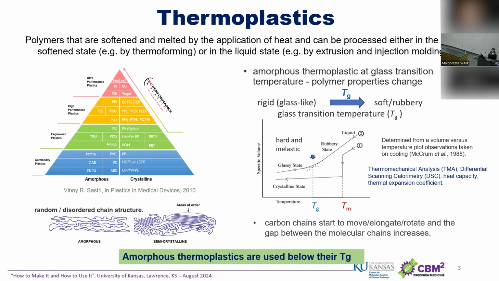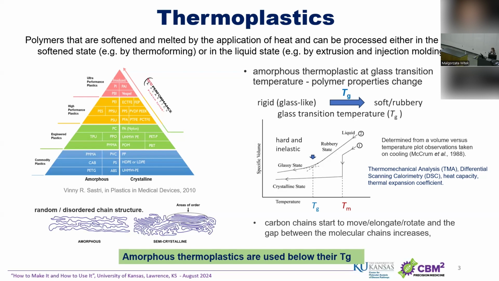When I do hot embossing, I do not melt the polymer. I just go above the glass transition temperature where those polymer chains start to really soften, and then you do the imprinting. When you do injection molding, you go to the melting temperature, so you have the thermoplastic in a liquid form.